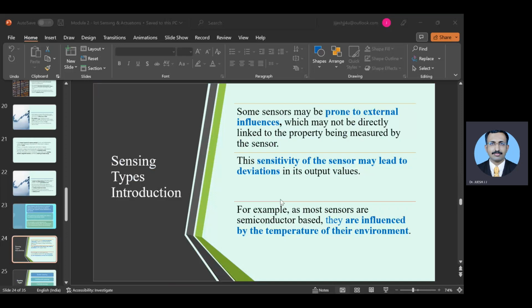The heat dissipation will be more, and your laptop may shut down fast, or other problems may take place. How is it taking place? Because of the properties of the devices, they may not be able to withstand the parameters in the external field. So sensors are influenced by external factors as well. We have to consider all these parameters when designing a sensor. You can make a note of those things.